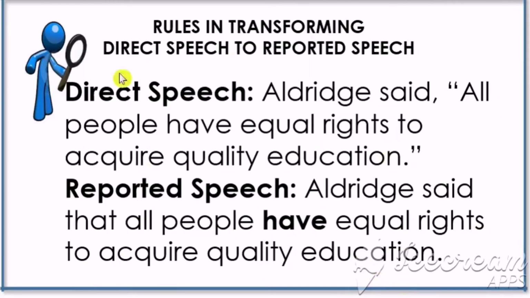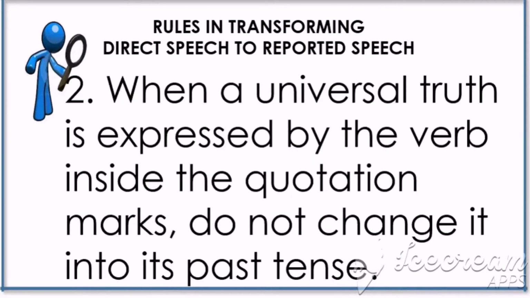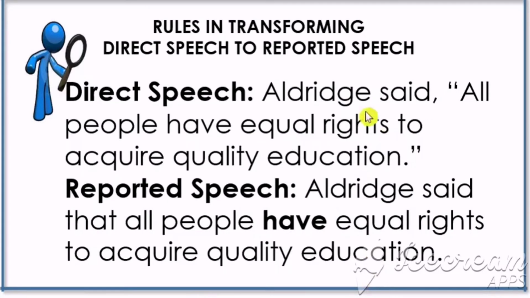So as we can see here, in rule number 2, when a universal truth is expressed by the verb inside the quotation marks, of course, we're not going to change it into its past tense. So what is the verb here inside the quotation marks? Okay, correct. Have. Now, here in the reported speech, copy the introductory part. Aldrich said, remove quotation marks as well as the comma, and then add the word that.